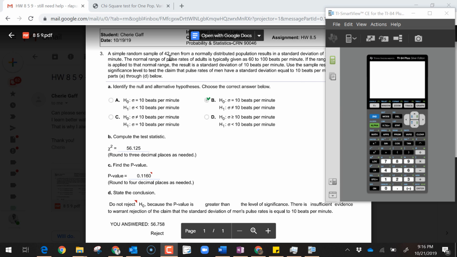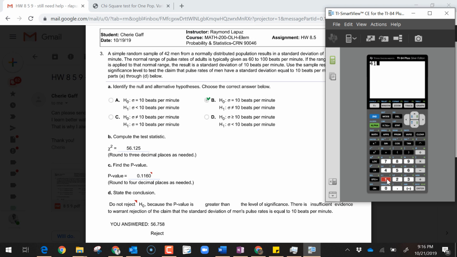We have 42 men, that's our sample size, so our degrees of freedom is 41. We'll start off with 41, n minus 1.